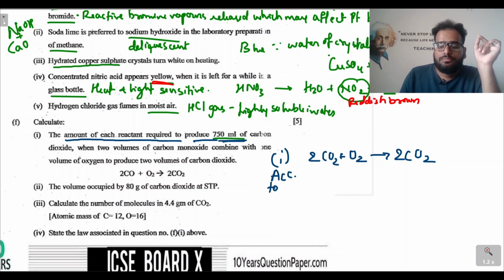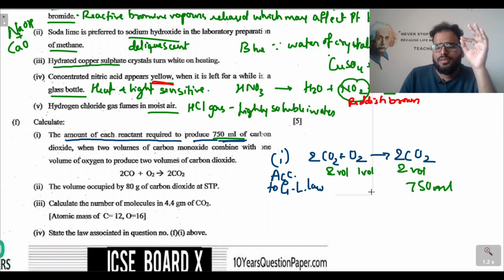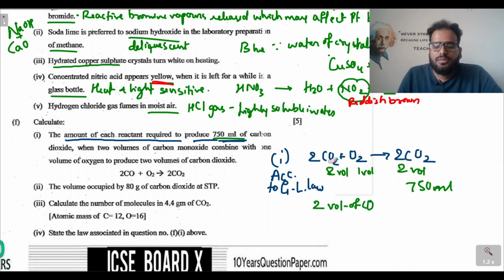Step by step. Gay-Lussac's law. What is there? 2 volume of CO reacts with 1 volume of oxygen to give 2 volume of CO2. So you want to get the 750 ml. Okay? So the ratio you see. The calculation is very simple, but you have to write the things. First point, 2 volume of CO, oh my mistake, carbon monoxide here, will give 2 volume of CO2.